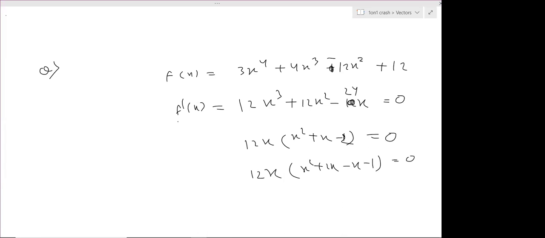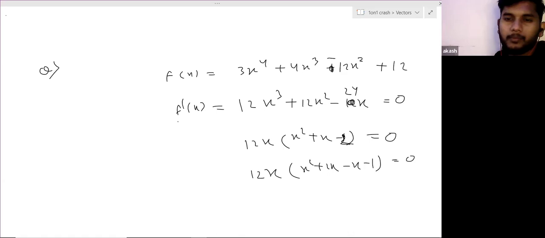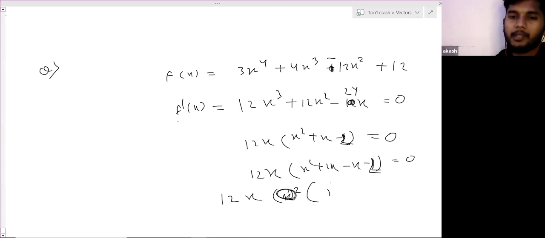Now taking 12x common, we get x square plus x minus 2 equals 0.